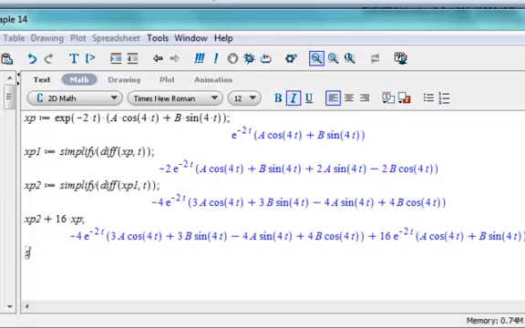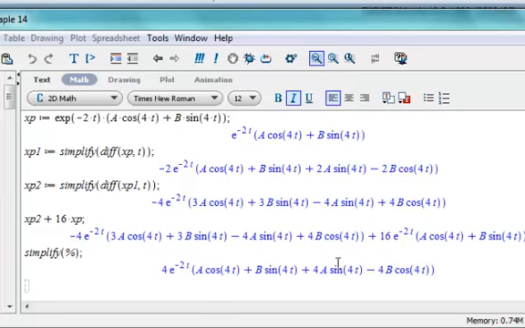And then, oops, simplify. And you can copy and paste, or you can use the percent sign. If you're getting something that seems weird when you use the percent sign, use copy and paste instead. So here, it collects all of the terms together.